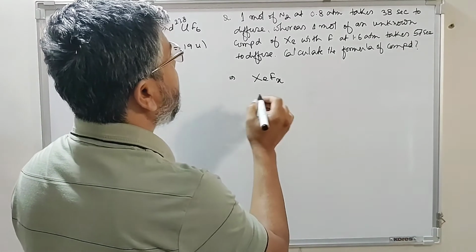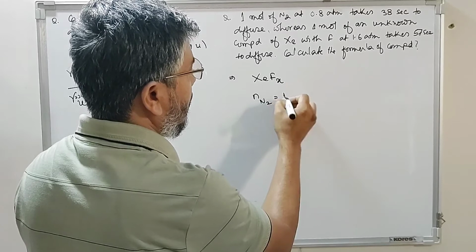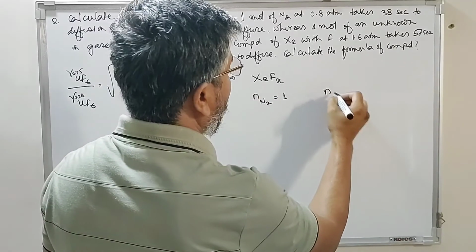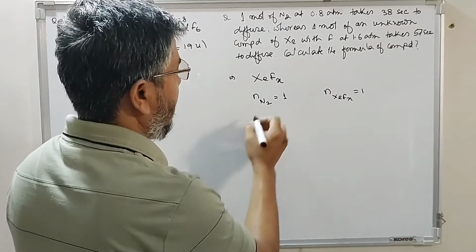The question says the number of moles of nitrogen is 1, and the number of moles of XeFx is 1.